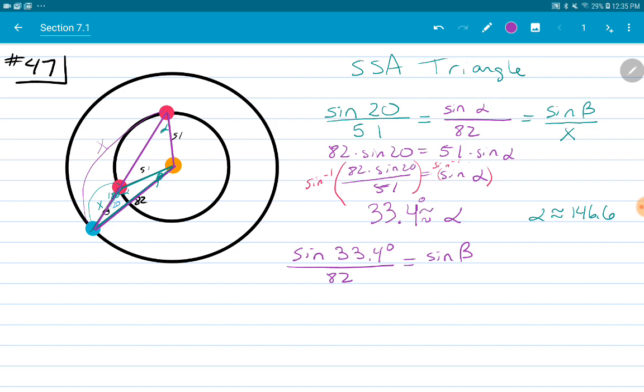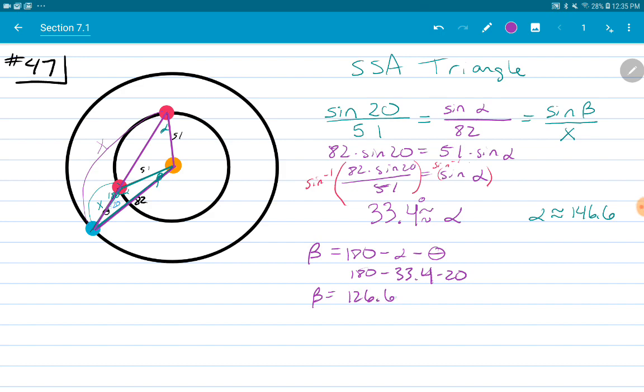So for beta, let's back up a little then. If alpha is 33.4, then that means beta would be 180 minus alpha and minus theta. So that's 180 minus 33.4 and minus 20, which gives me that beta is 126.6 degrees.